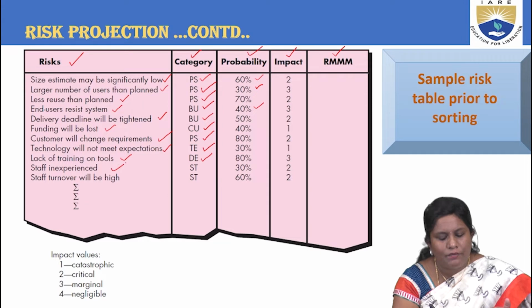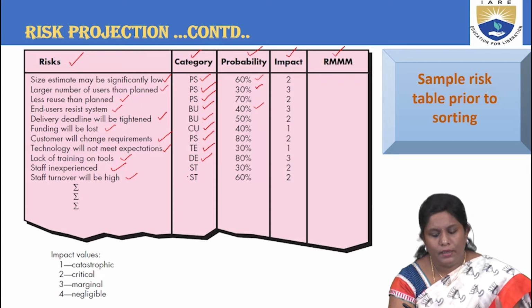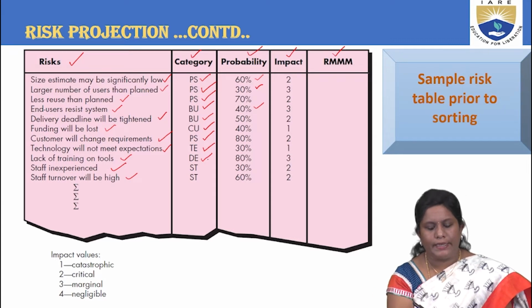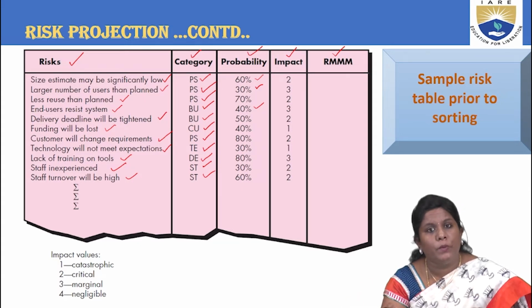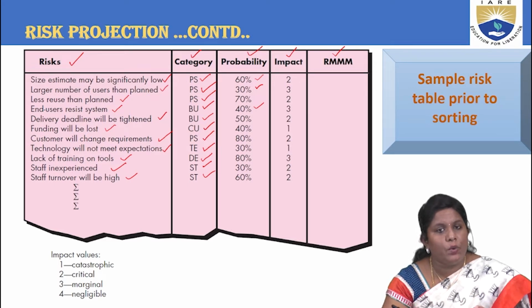Next, you have staff inexperience, staff turnover is high. So they come under the staff category, these two things. What about staff who are inexperienced and you're trying to put them in work where they are not able to actually project what type of risks are there and what type of estimates they can be doing on that particular risk.